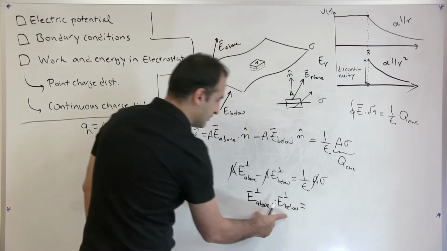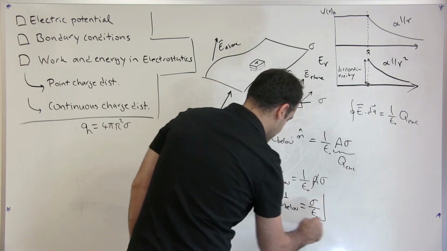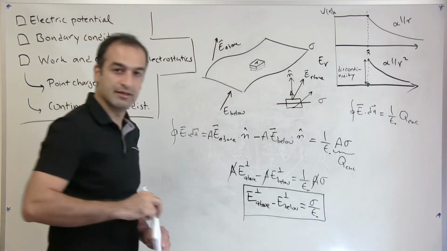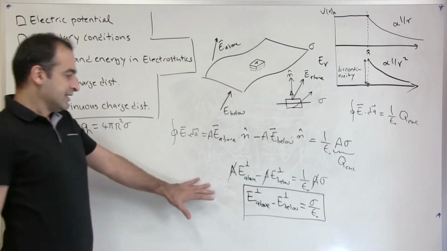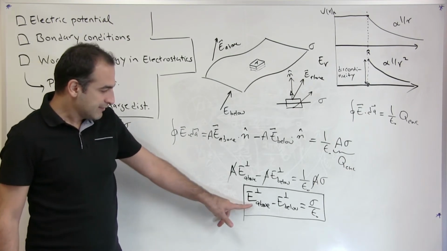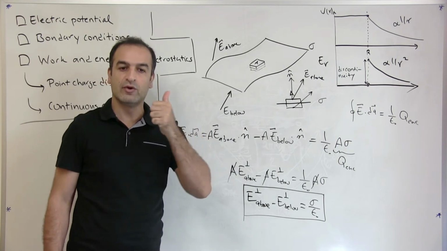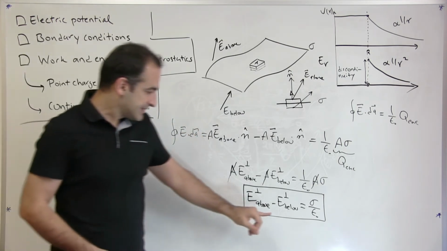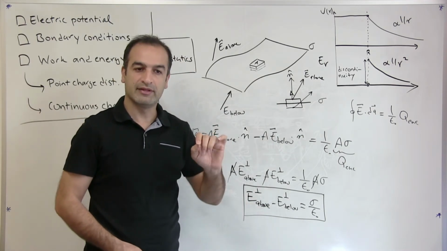If we look at the normal component, that is equal to sigma over epsilon 0. Okay, and I'm going to put that in a box, and I'm going to discuss this a little bit. So what is the meaning of this? The first one is the electric field above the surface, only the normal component of the electric field. And the second one is the same thing for below, the normal component of the electric field.